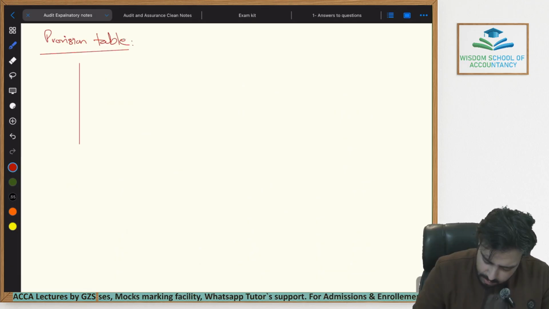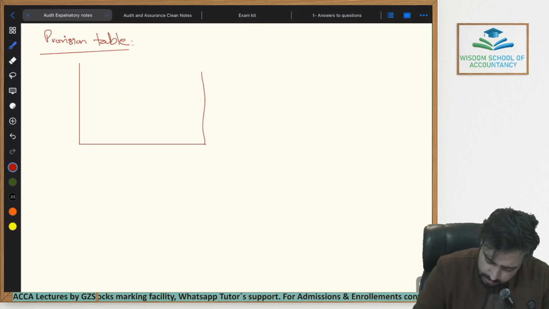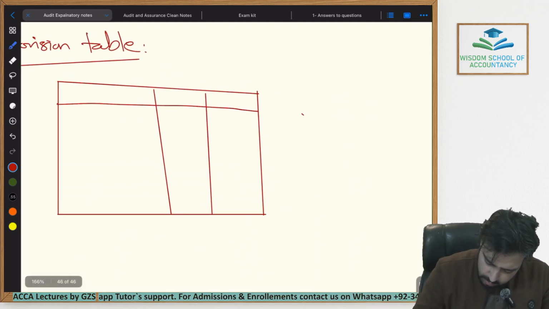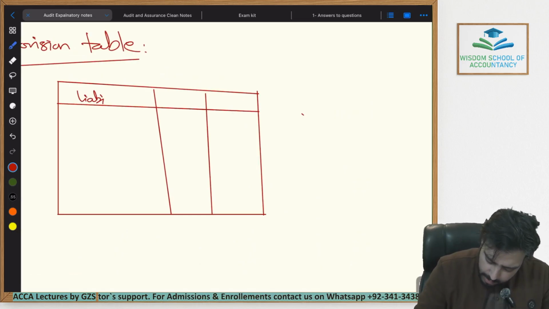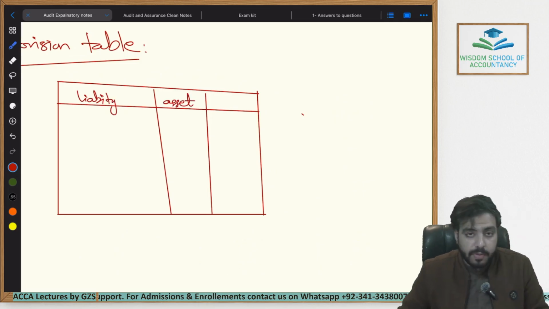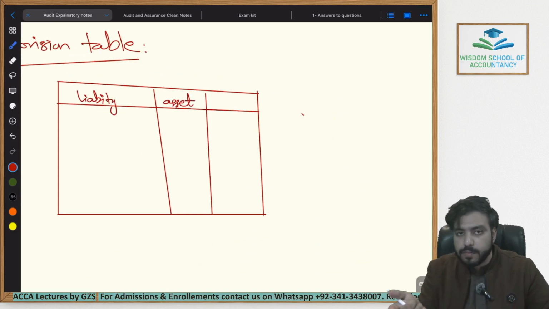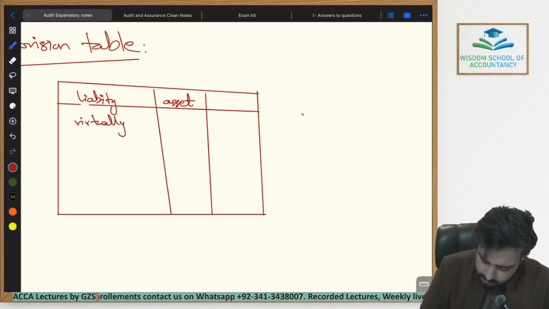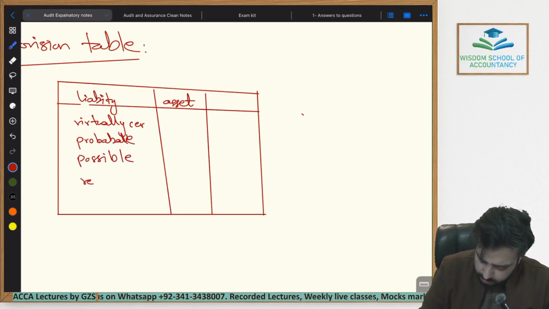This table used to say that when we talk about a liability and when we talk about an asset that has to be received from someone, receivable or payable, that has to be paid to someone or received from someone, when it is virtually certain, probable, possible, remote.